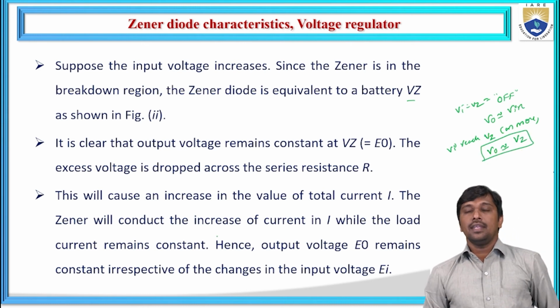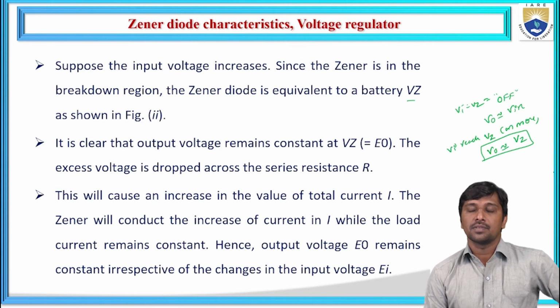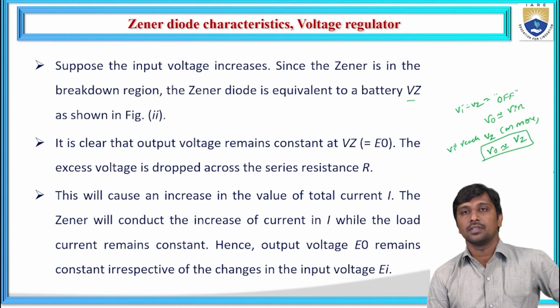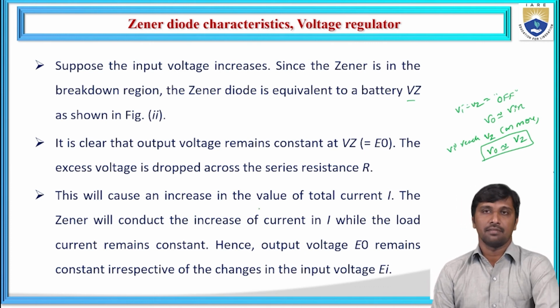At this point, when the Zener diode reaches the cut-in voltage, the voltage drop across it becomes constant, irrespective of the change in power supply variations.